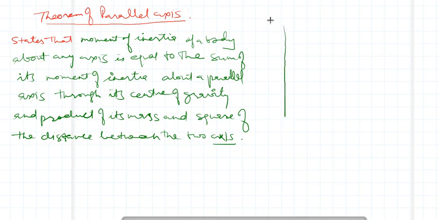Say this is one axis about which the body is rotating, and say this is the body, and its center of mass is passing through AB.